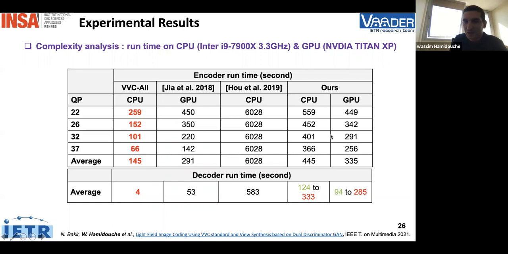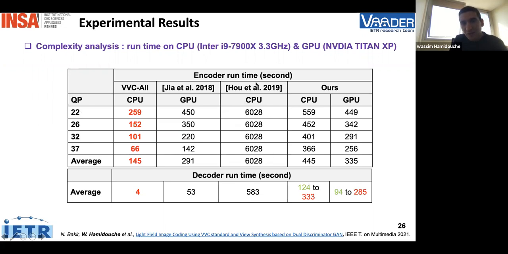Why? Because at the encoder side, we perform both encoding with VVC and decoding, and we perform view synthesis of all the no-reference views, which significantly increases the encoder complexity. But it remains less complex than the configuration that uses the JEM reference software, which is also quite complex. These complexity numbers are provided for different quantization parameters.